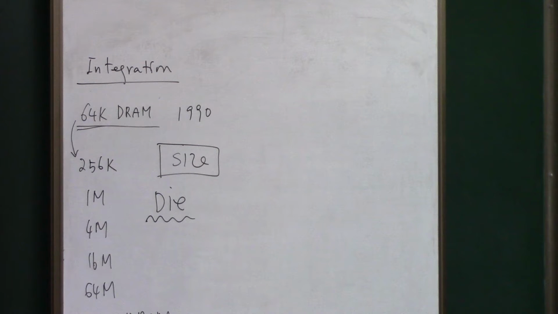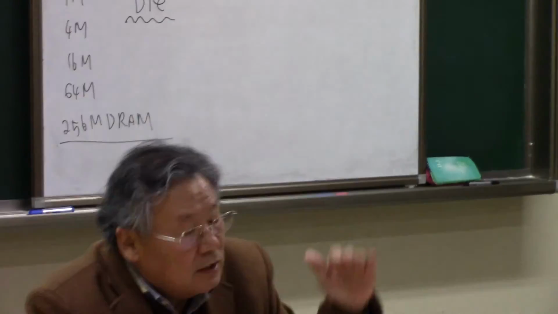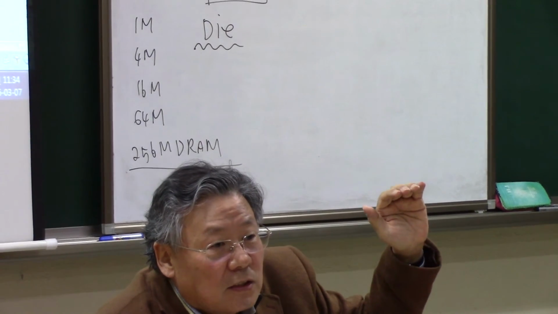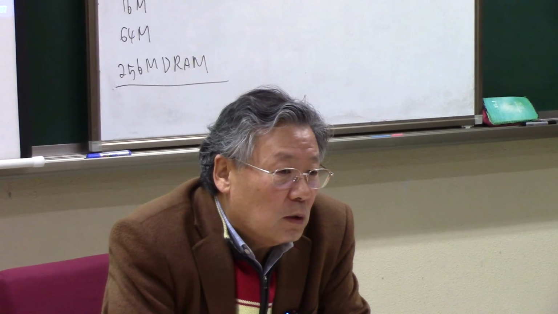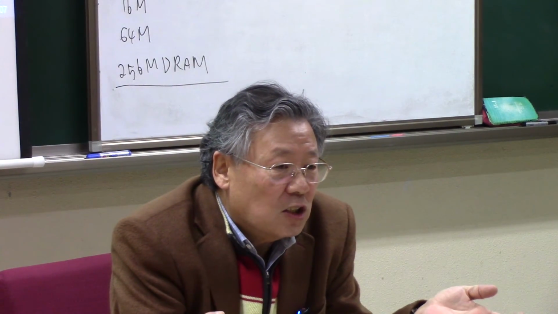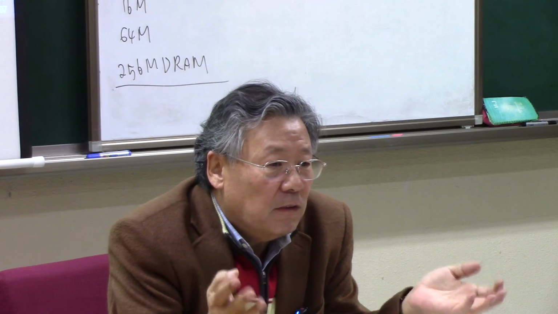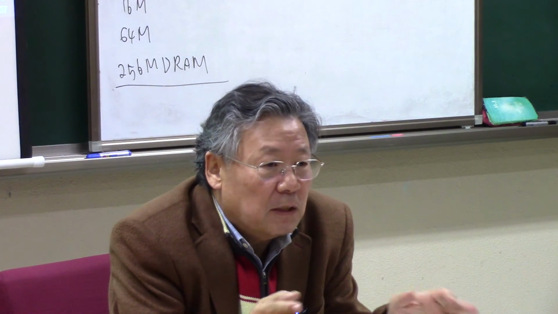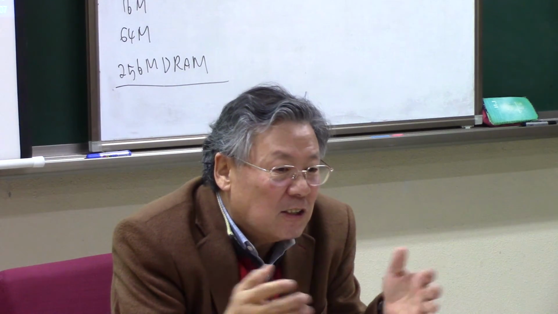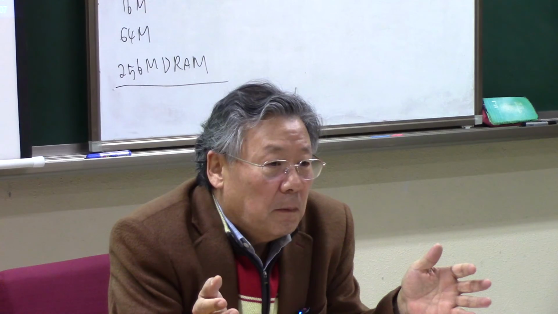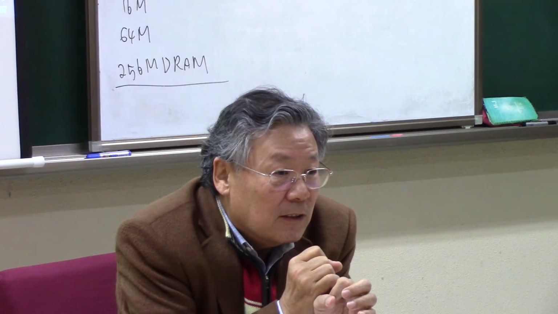Okay, so that's why when people usually talk about integration, they do not mention the die size. They don't have to say anything about the die size, because the die size is related to the yield, and a certain yield has to be guaranteed to make a production. So when we say we have a technology to make 256 mega DRAMs, it means that we are not increasing the die size, but we just decreased the transistor size, okay?